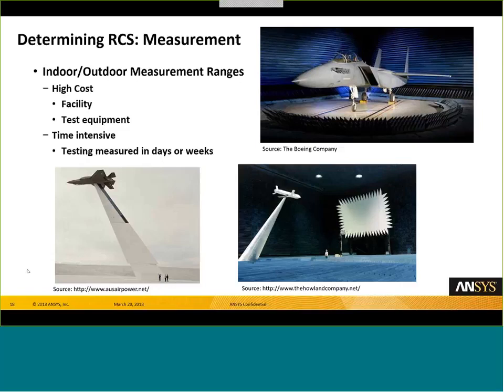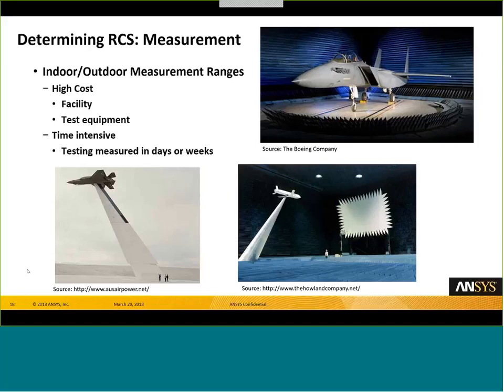So how do we acquire RCS data? Testing is still a very important part of the process for characterizing or certifying RCS. The downside, of course, is really in the area of cost. For those of you who are fortunate enough to have a facility that you can test in, you're aware of the extreme effort it takes to make a chamber and keep the chamber quiet. There's maintenance involved in ensuring that the RCS measurement is not unintentionally picking up effects from the chamber itself.